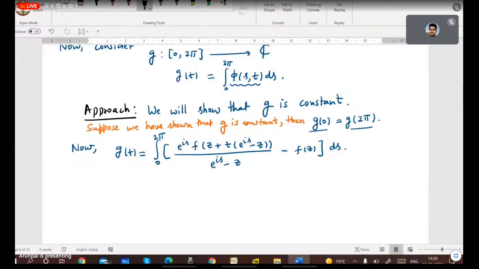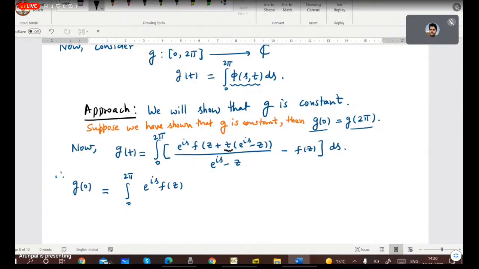So class, compute the value of g at 0, or you can compute now. Therefore g at 0 will be what, class? Put t is equal to 0. It will be the integral from 0 to 2 pi of f of e^{is}... you will be left only with z when you take t is equal to 0, right class?